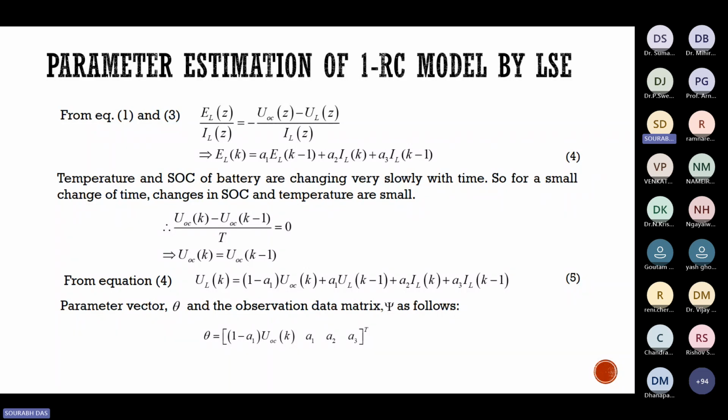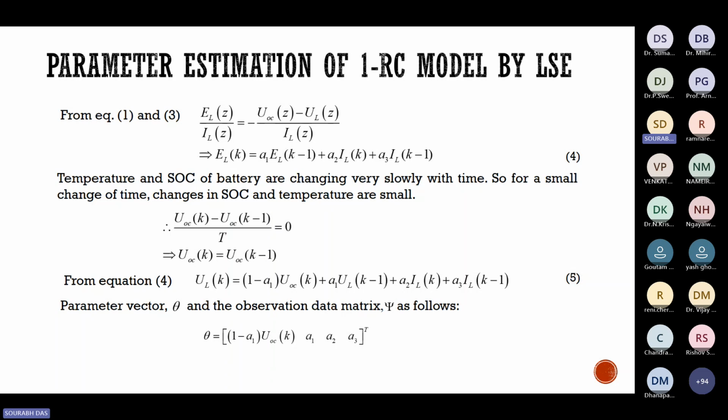So in the right hand side, we can see there are some known parameters, and there are some unknown parameters. What are the known parameters? Known parameters are the terminal voltage and load current, which can be measured using the sensor. So we can discriminate these known values and the unknown parameter values.